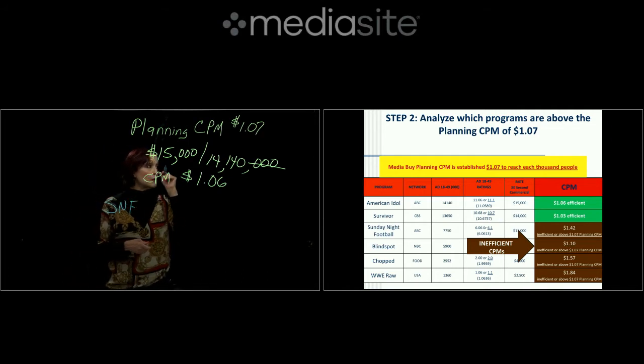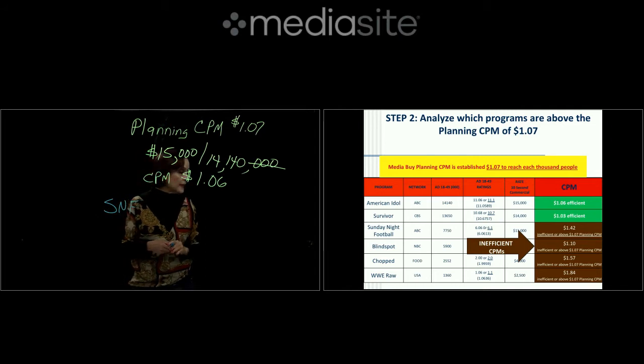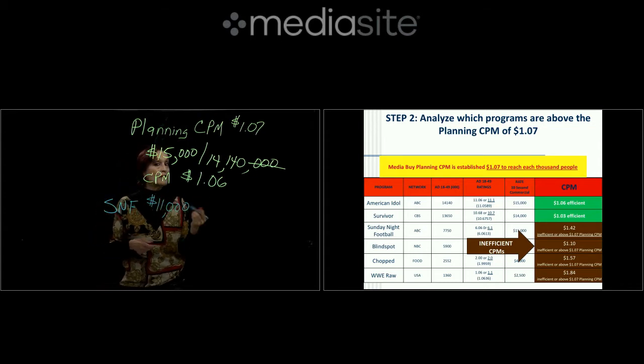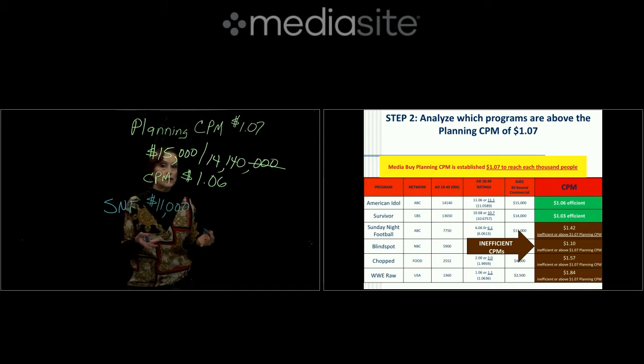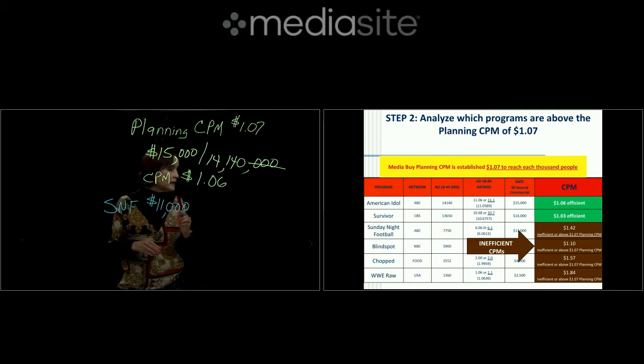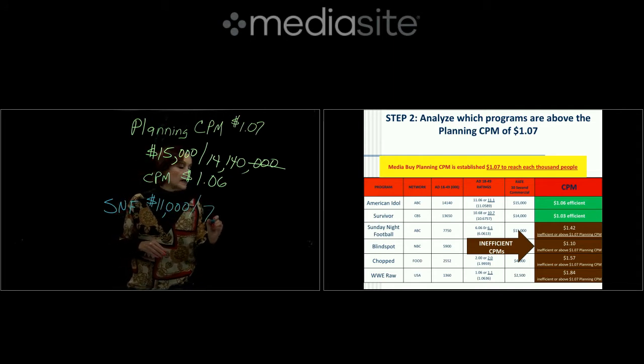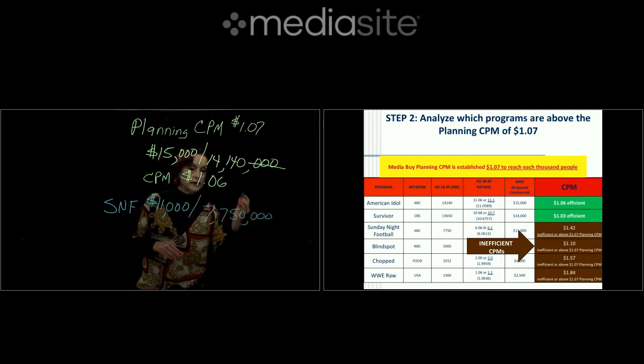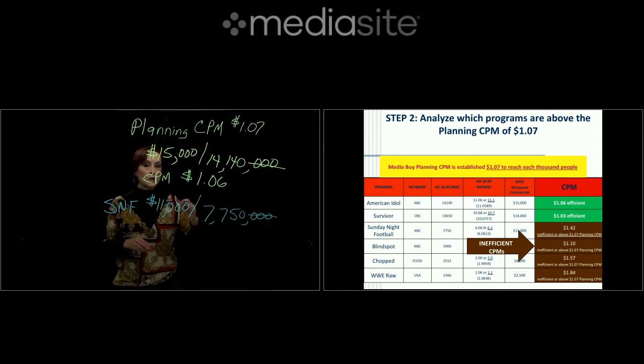So Sunday Night Football has a rate of $11,000 per every 30 seconds, or depending on the unit, for every 30 seconds that you're going to place in Sunday Night Football is going to cost you $11,000. And the delivery here is 7,750,000, but again, divided by 1,000, you have to scratch the 3 zeros.